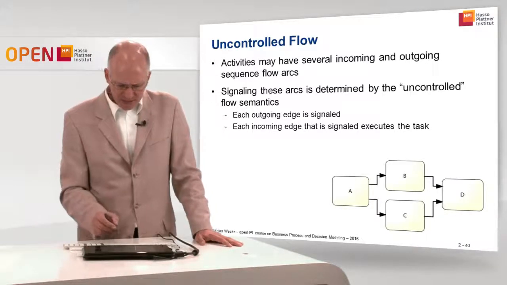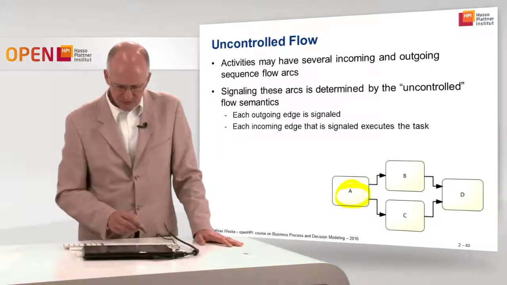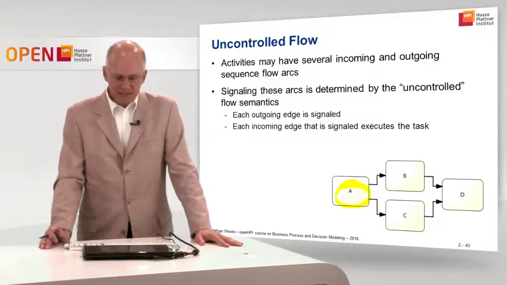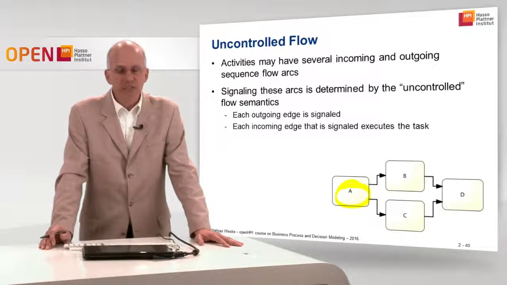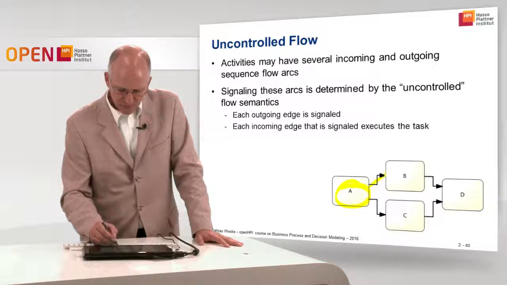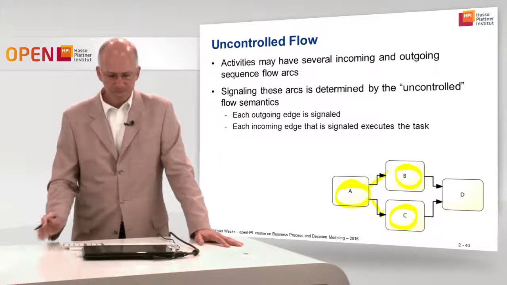Well, first, there's no doubt, we need to execute activity A. After activity A is executed, all outgoing edges are signaled. So the edge to B is signaled, the edge to C is signaled, B is ready and can then go to running, and C is ready and can then go to running.